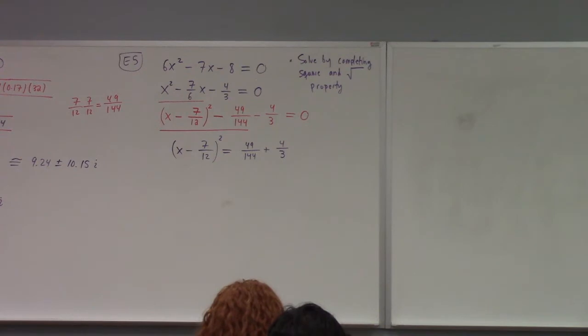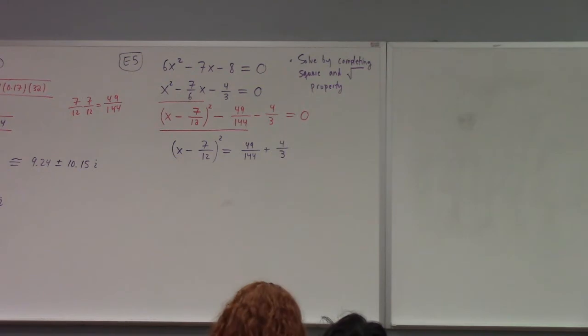I'm going to cheat and use my calculator. Yeah. Well, we have to subtract what we've added. And so by putting x minus 7/12 squared there, I have added 49 over 144. So to be fair, I have to subtract it. Otherwise, I've changed it. So that works out to 241 over 144.